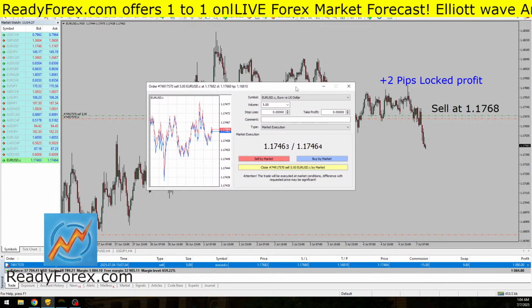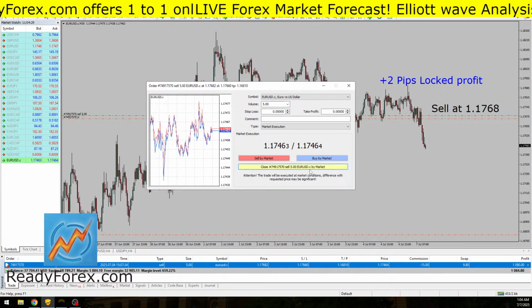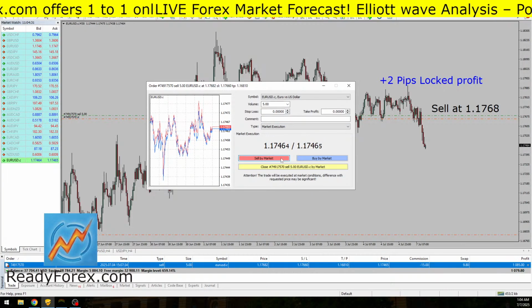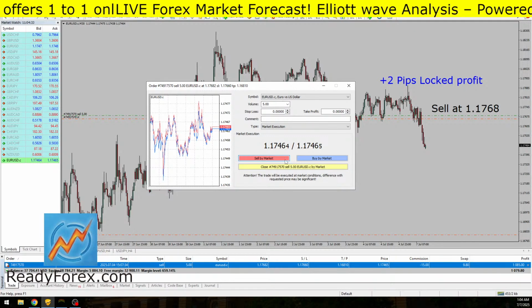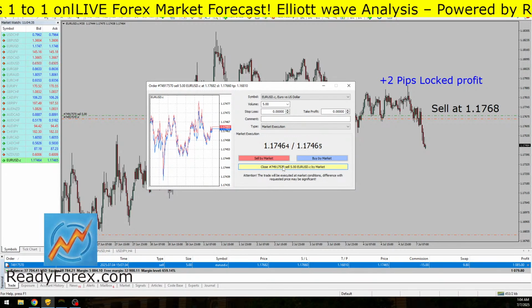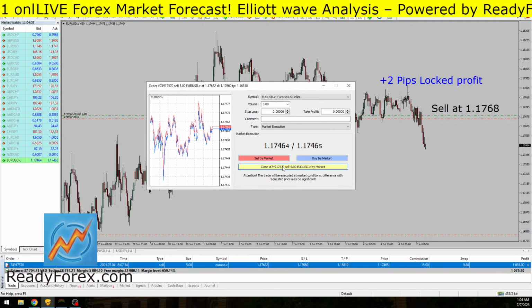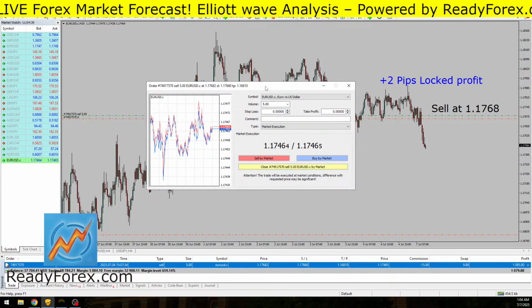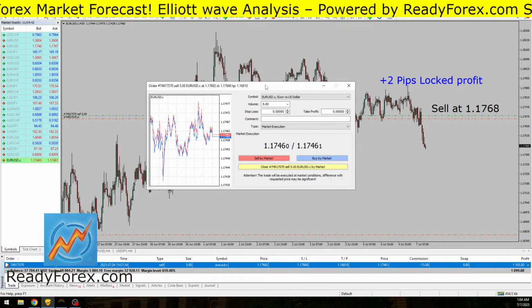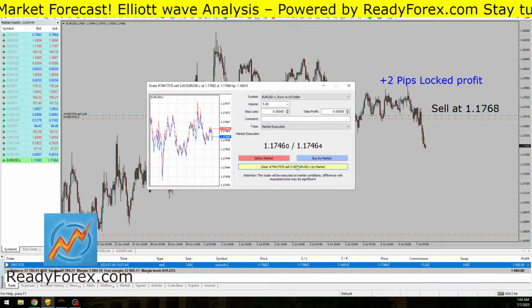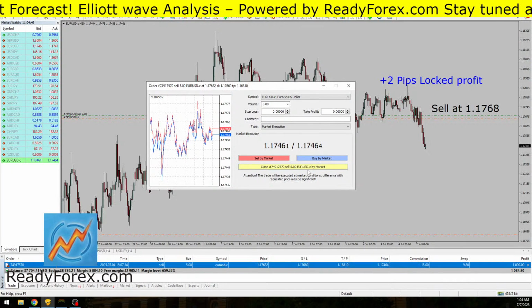Move this one over here a little bit. And what's the price? 1.1746. Okay, let me close it.